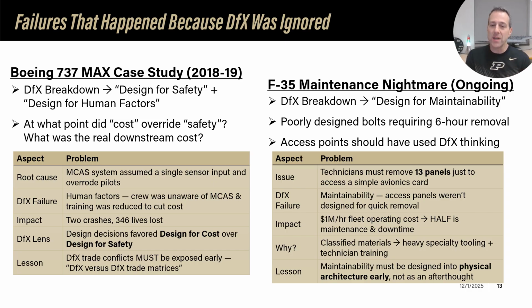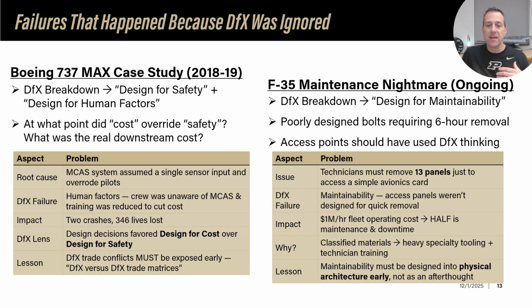The access points are not thought of with DFX thinking. If you look at this, the technicians must remove 13 panels just to access a simple avionics card. And unfortunately, that avionics card needs replacement more frequently than we'd like. The access panels weren't designed for quick removal.